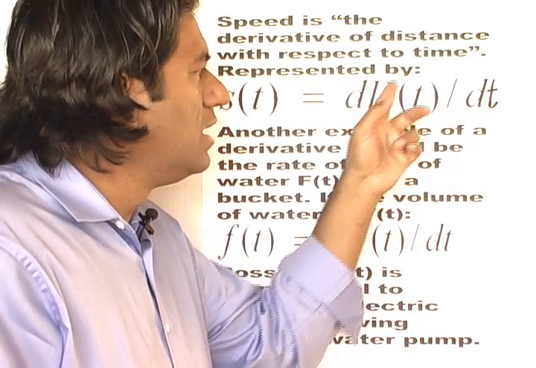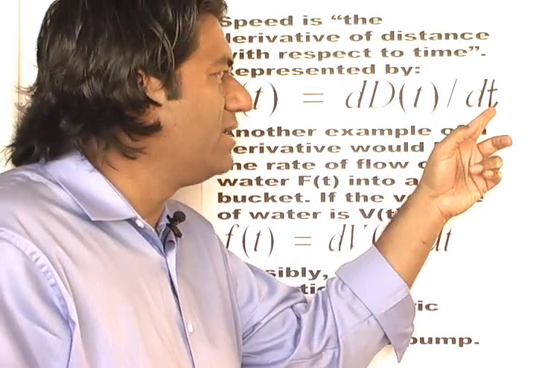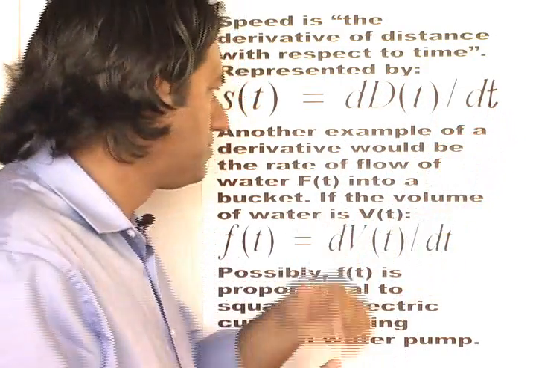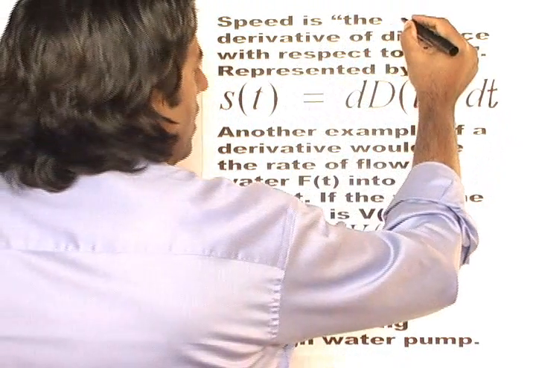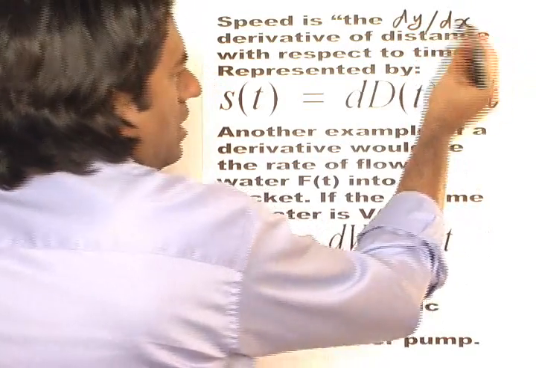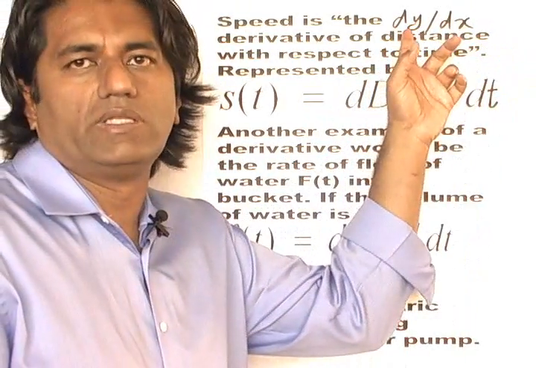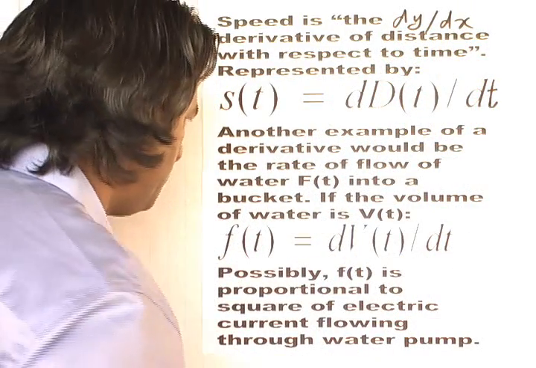So here y is distance and x is time. So normally the notation is dy by dx, because the usual notation for the function is y and the independent variable is x.